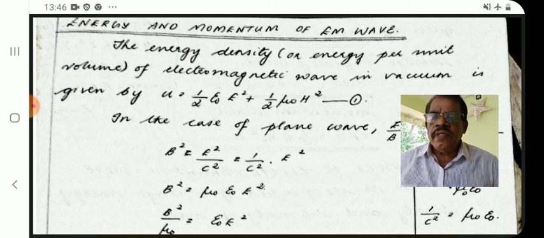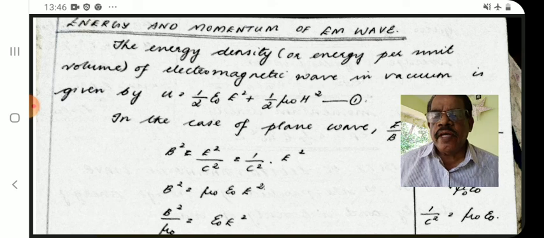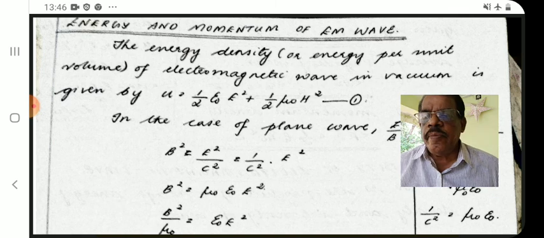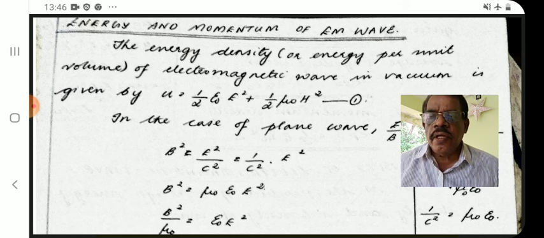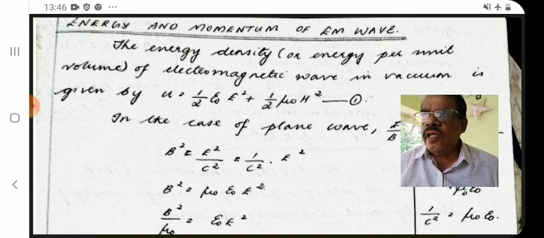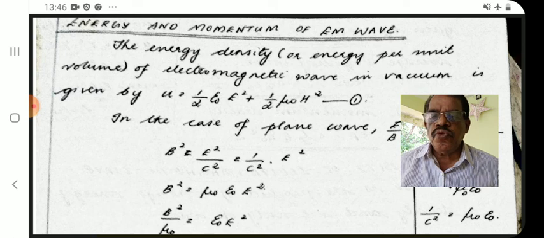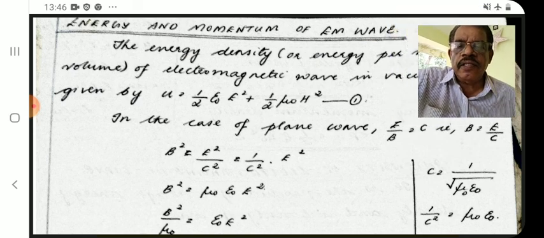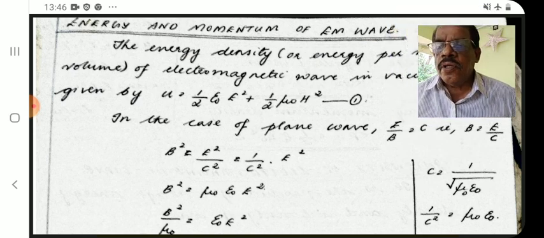Density we always consider for volume or unit area, etc. The energy density, that is energy per unit volume, of an electromagnetic wave in vacuum is given by U is equal to half epsilon 0 E square plus half mu 0 H square, where E is the electric field vector and H is the magnetic intensity vector, not the flux density.